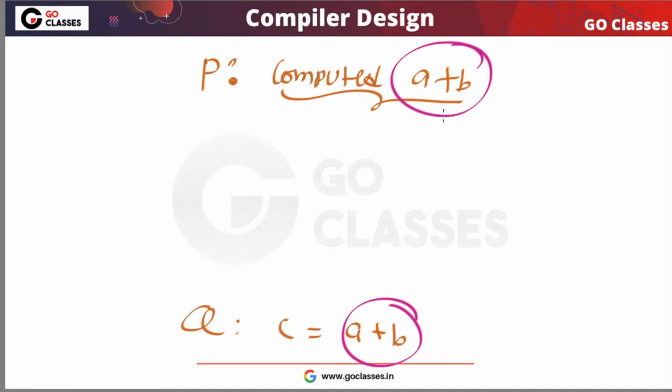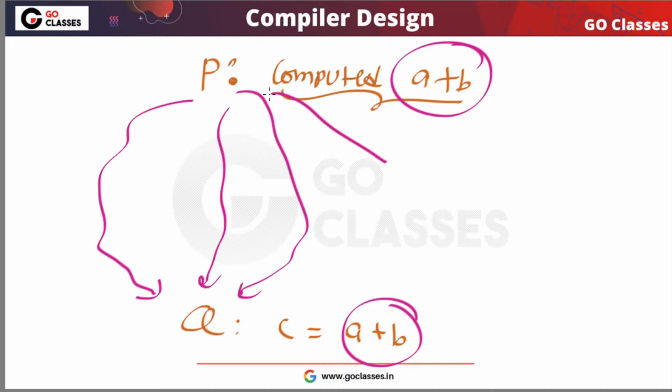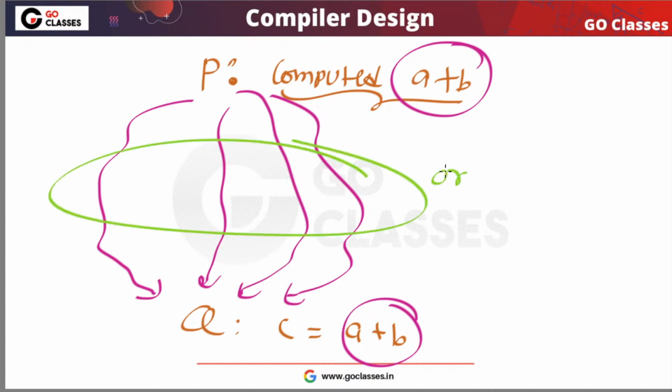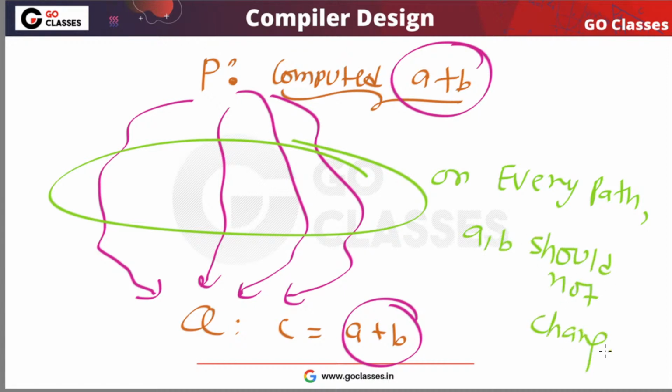Is this a plus b available here? It is available here when, on all the paths, in every path, this must be available. On every path, a comma b must not change, should not change on any path.